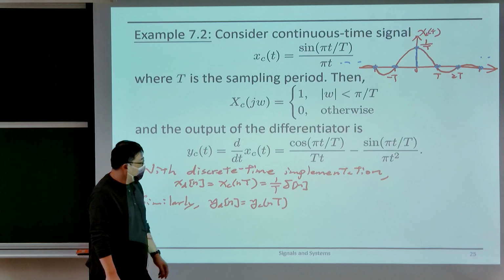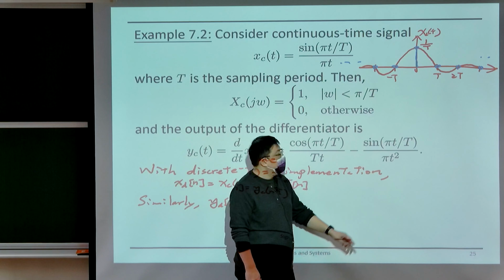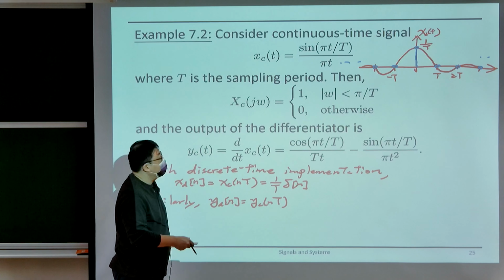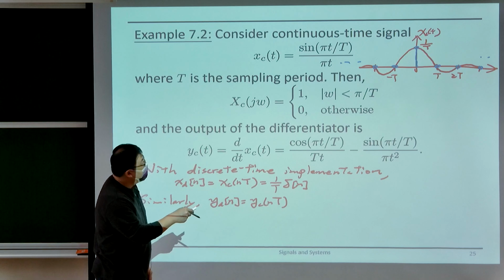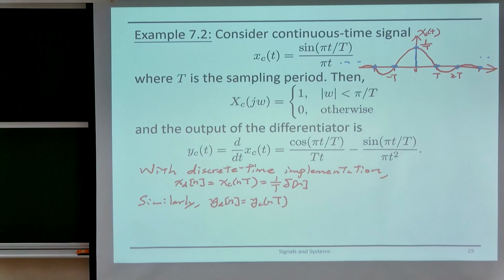Now, if you substitute nt inside here, this again is something like a sinc function that is only non-zero at the origin.